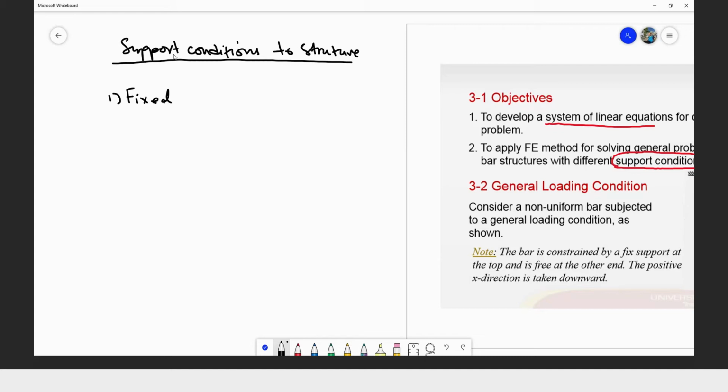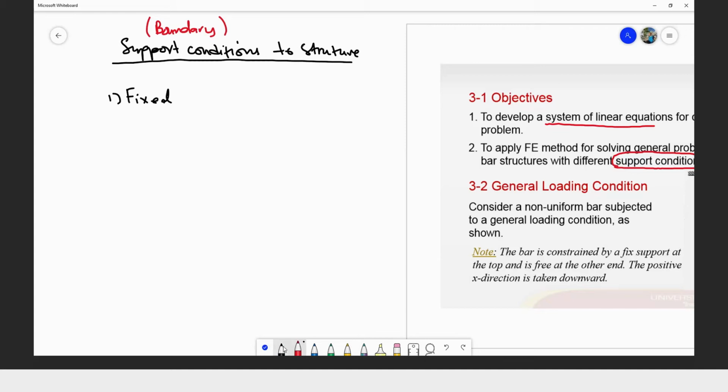Kita panggil dia support condition. Tapi in mathematics, kita panggil dia sebagai boundary condition to the equation kita tu.